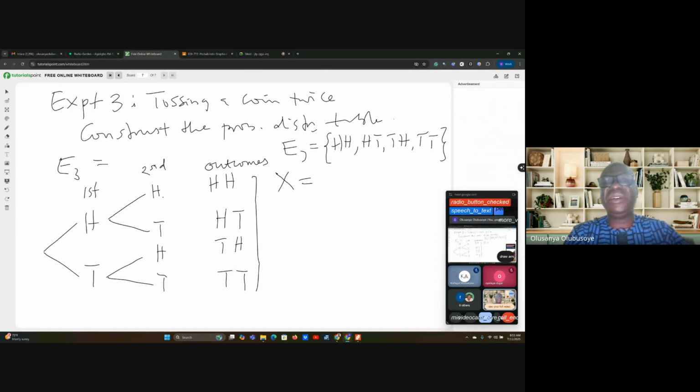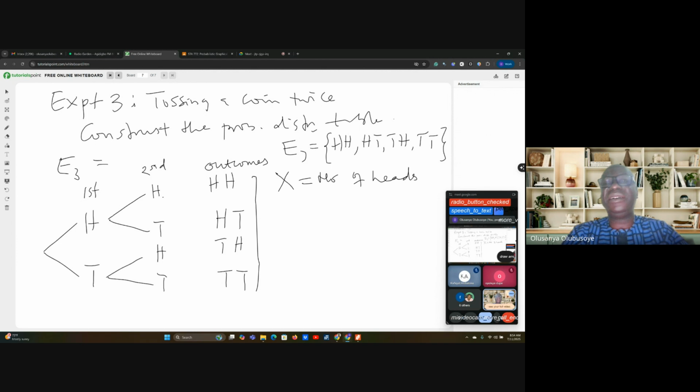So which means we could say the random variable x represents the number of heads.